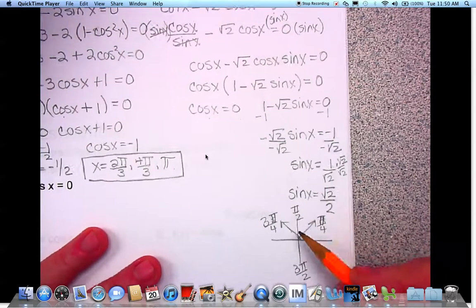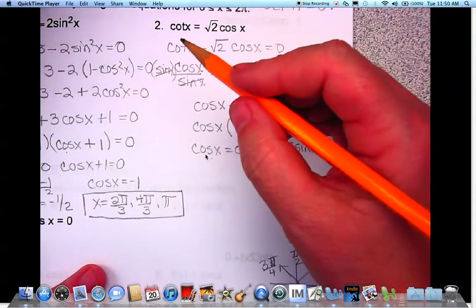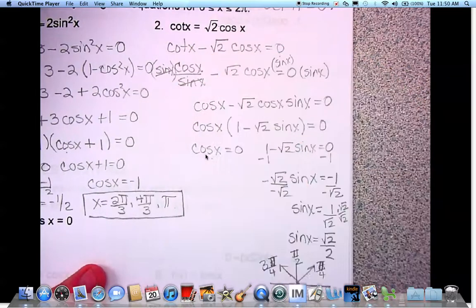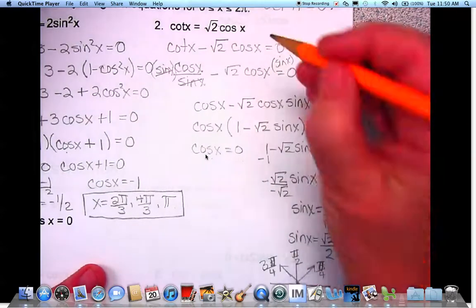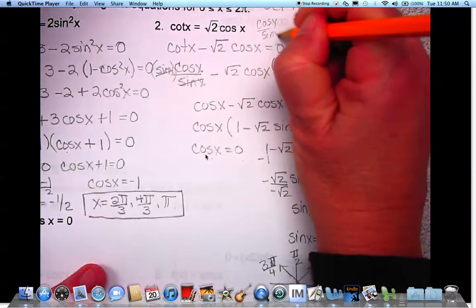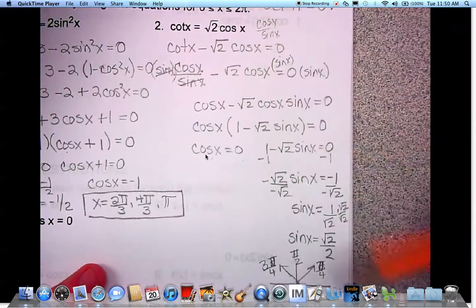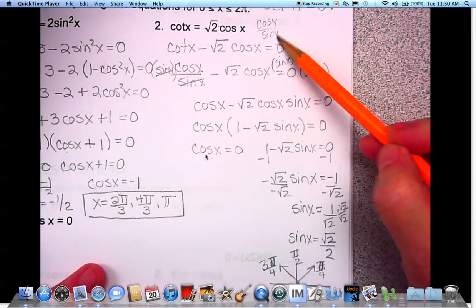All right, now look back up at the original problem. We've got a cotangent. But tell me, what is cotangent equal to? Cosine over sine, and so we're okay, a sine and a cosine is fine.